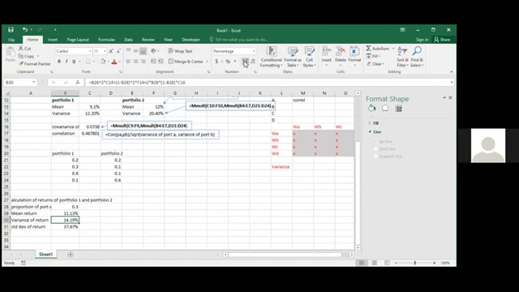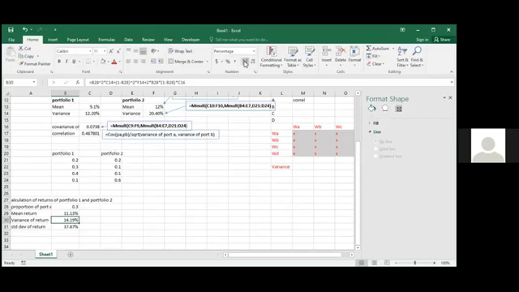Weighted value of 1, its square value multiplied by variance of stock 1, plus square value of the weighted value of second asset multiplied by variance of second portfolio returns, plus 2 into W1 into W2.